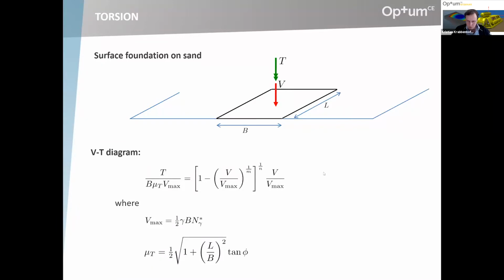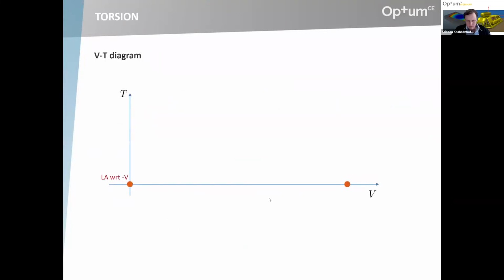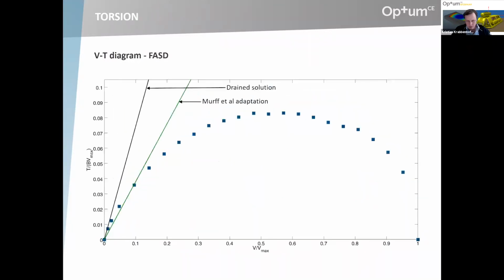So it's the same. The VT diagram gives a much better understanding, of course, of what actually happens, but it can be converted into a factor if you want to do that.